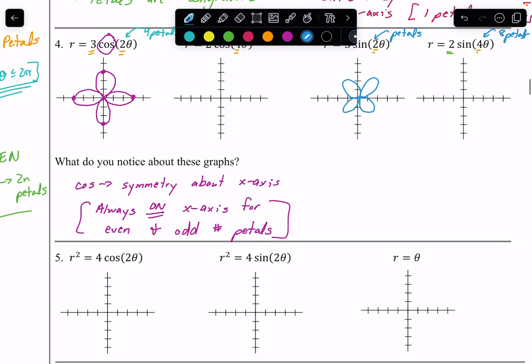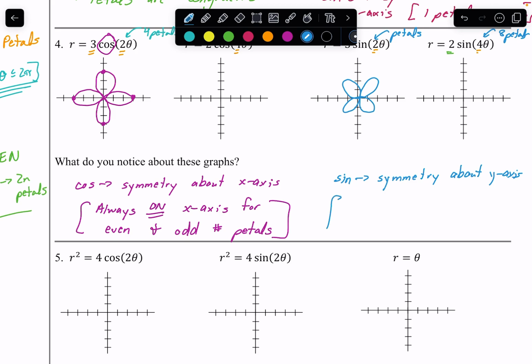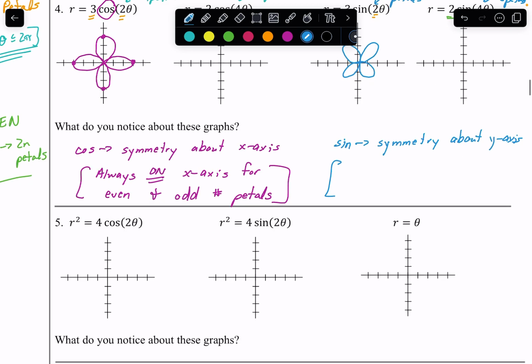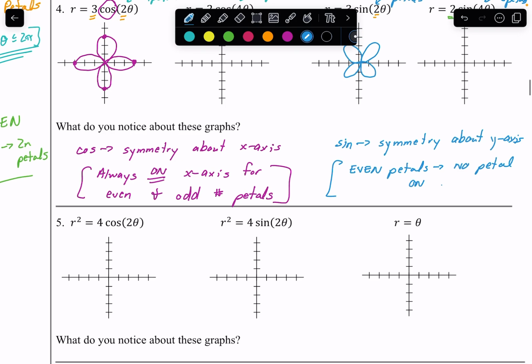So let's make a note about sine. So sine, it does have symmetry. And the symmetry that we're concerned a bit with is about the y-axis. But even petals, no petal on the y-axis.